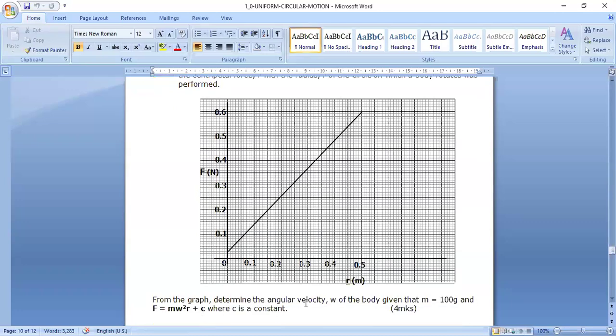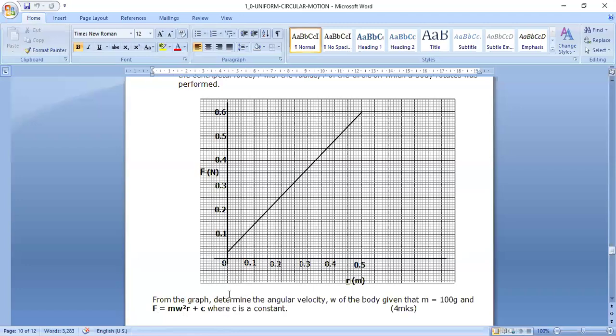From the graph, determine the angular velocity, omega, of the body, given that mass m equals 100 grams. The formula is given as F equals m omega squared r plus c, where c is a constant. So this is the formula that represents this straight line. And we know that in maths, all straight lines have their equation in the form y equals mx plus c. So you're going to find out from this equation what is y, what is m, what is x, and what is c.